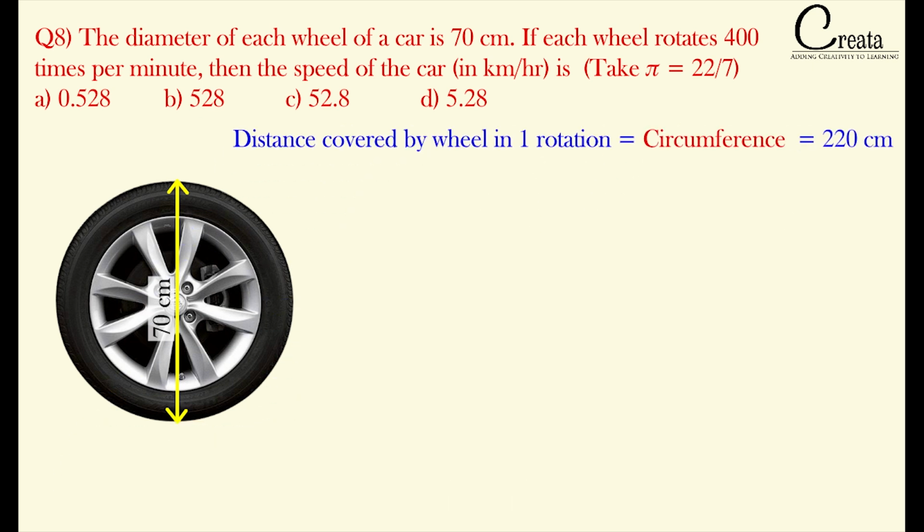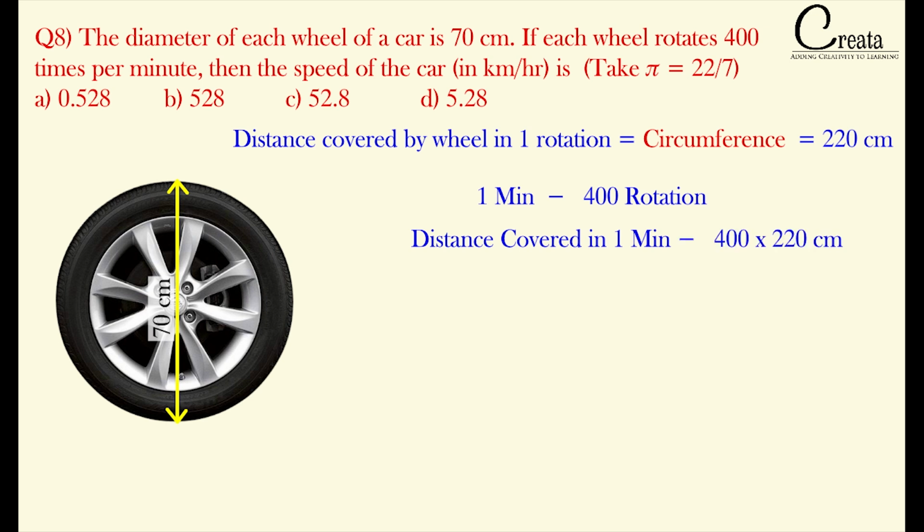Moving further, in the question it is given that the wheel rotates 400 times per minute. So we can calculate the distance covered by the car in 1 minute as 400 into 220. In one revolution it is covering 220 centimeter, and in 400 revolutions it will cover 400 into 220 centimeter. We got the distance the car has traveled in 1 minute. And for calculating the distance covered by the car in 1 hour, we have to multiply this by 60. Okay, 1 hour has 60 minutes.